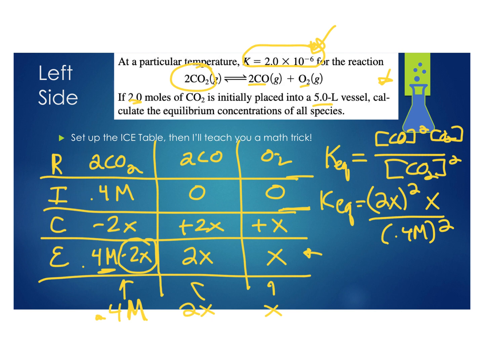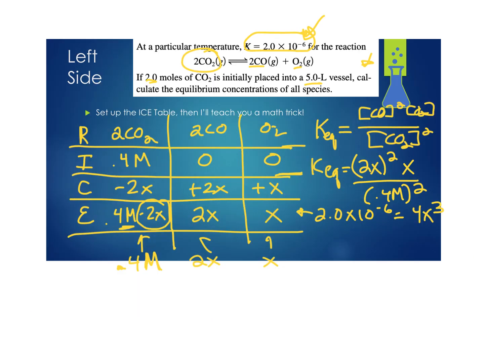K EQ then becomes 2.0 times 10 to the negative 6th equals 4x cubed over 0.4 squared, which is 0.16 molarity squared.